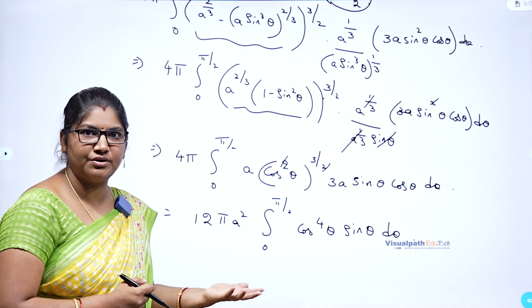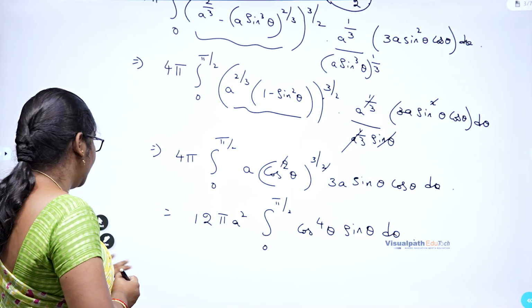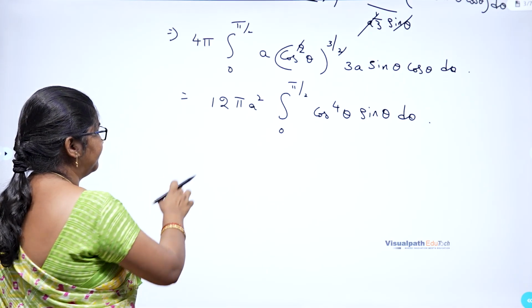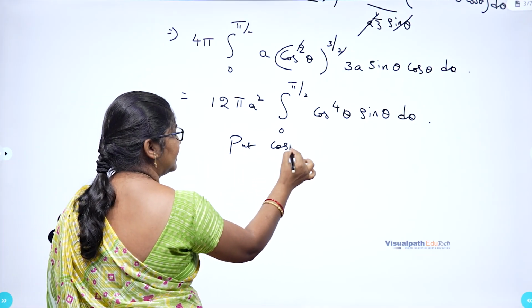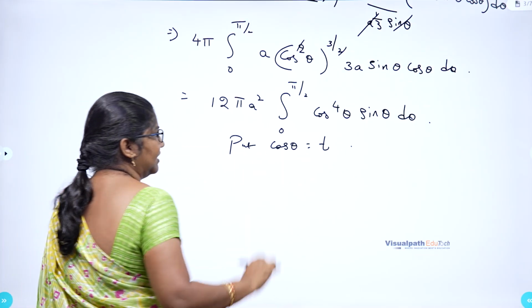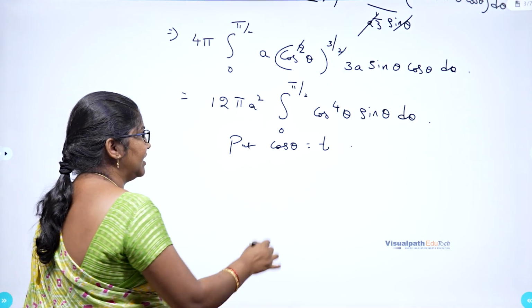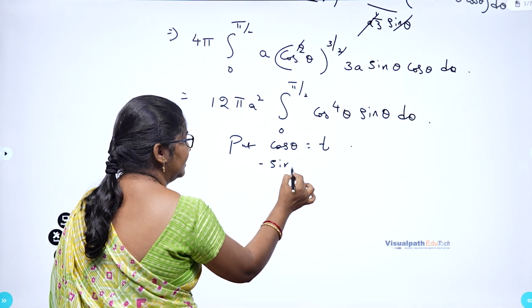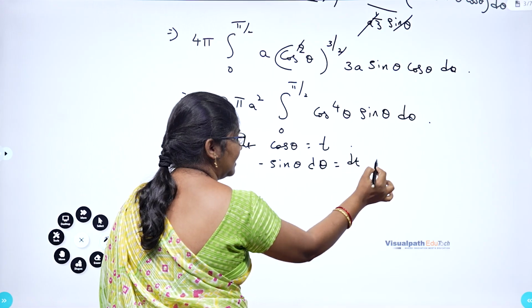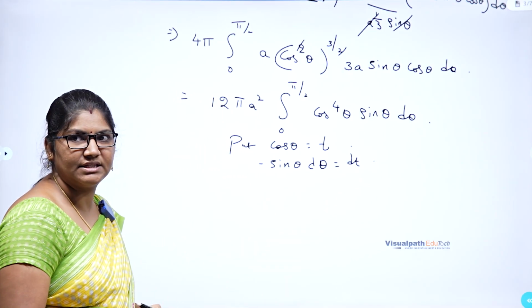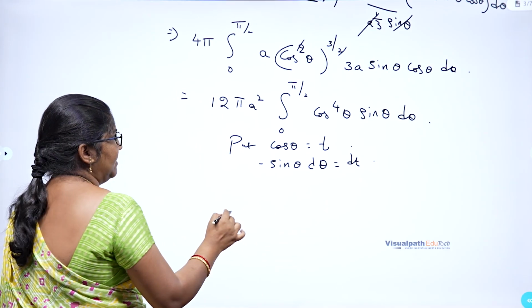Just to substitute by substitution method, what can we substitute? Put cos θ equal to t. Put cos θ equal to t. If you differentiate on both sides, −sin θ dθ is equal to dt.